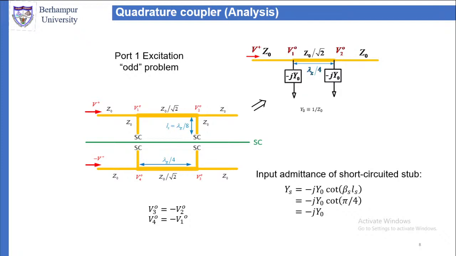So Ys will be minus j Y0 cot pi by 4, which is equal to minus j Y0.